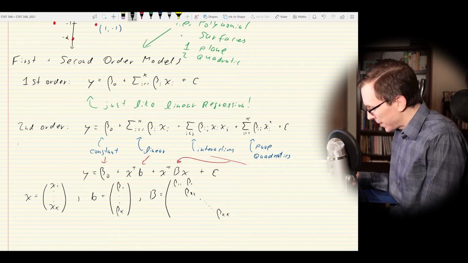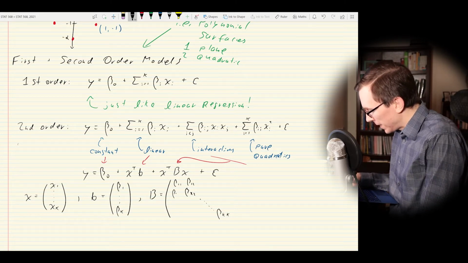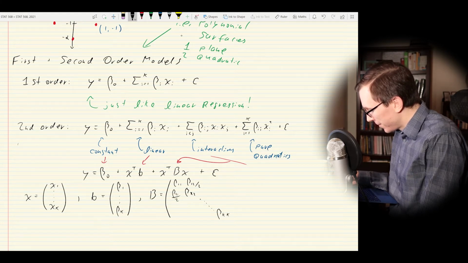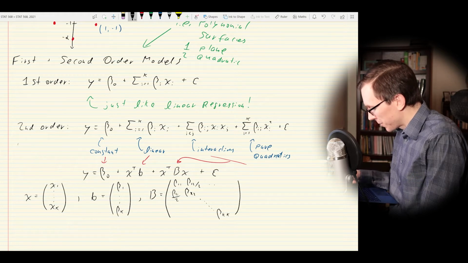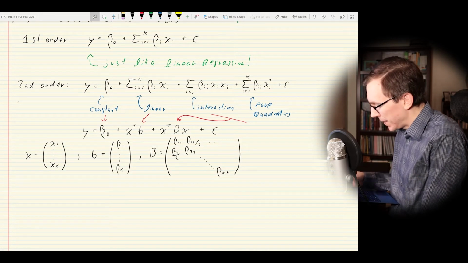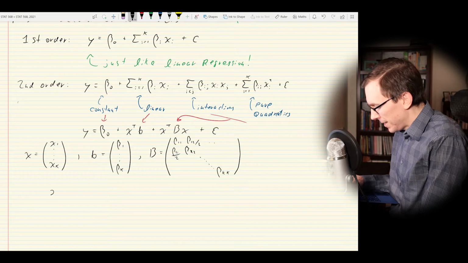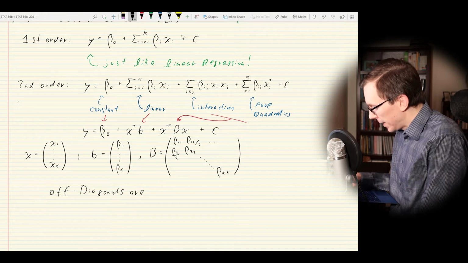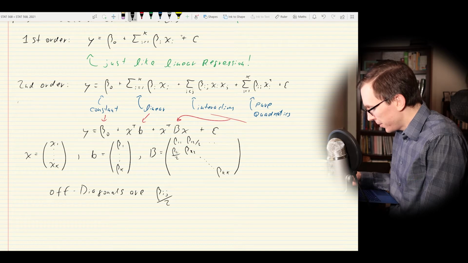We can enforce i to always be less than j, or we can just write it as beta 1,2, beta 2,1, but we have to divide each of these by 2 to make the math work out. So maybe it's going to be easier if I write this outside of the matrix. The off diagonals are beta ij over 2, which are also going to equal beta ji over 2.